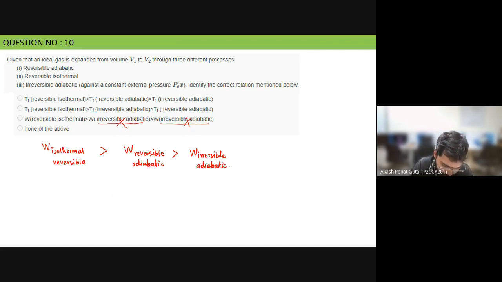So it's given that it is an ideal gas and the expansion is happening, the expansion from V1 to V2. When the ideal gas is expanding, it means the gas itself is doing work, and the gas is losing heat by doing the work.